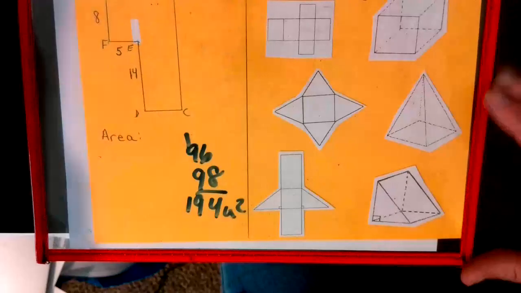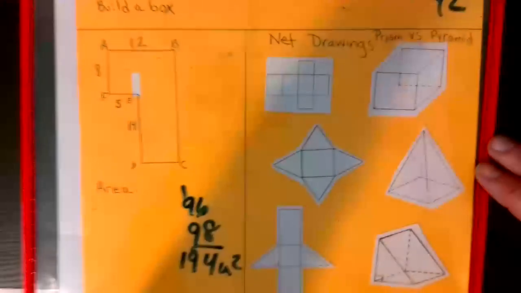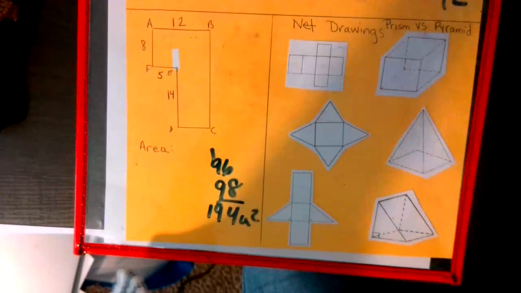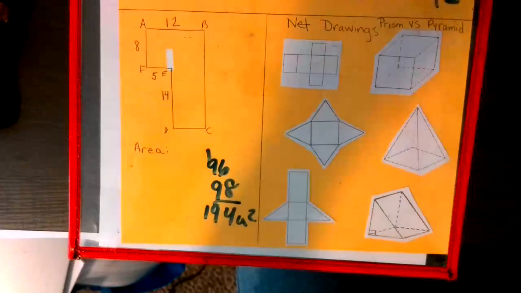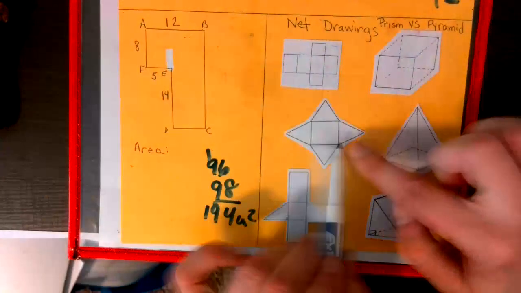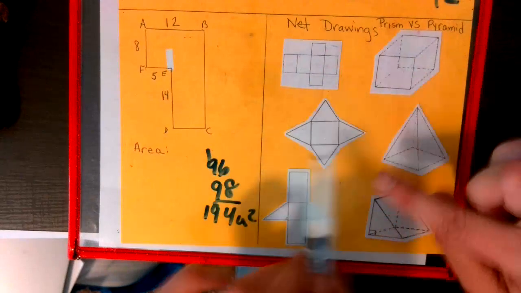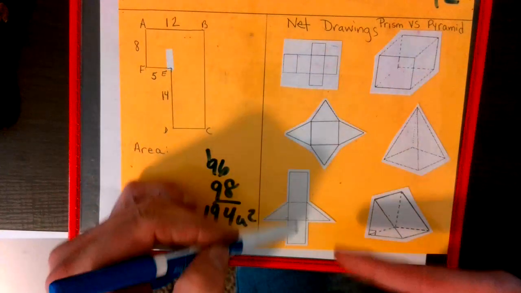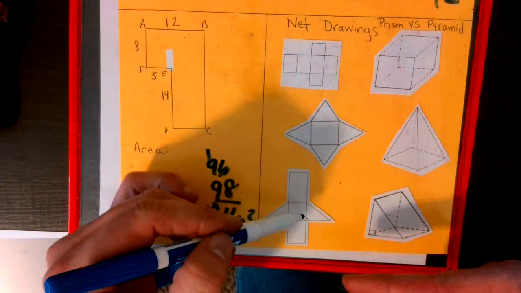Okay? Now, net drawings. This is kind of a cool thing. So if I had to match my net, okay, matching the net. This one comes to a point. So this is a pyramid. See how these have rectangle faces? Maybe even a square base?